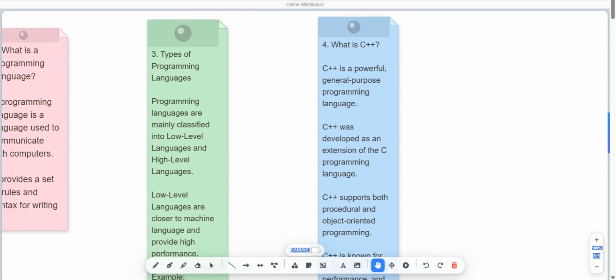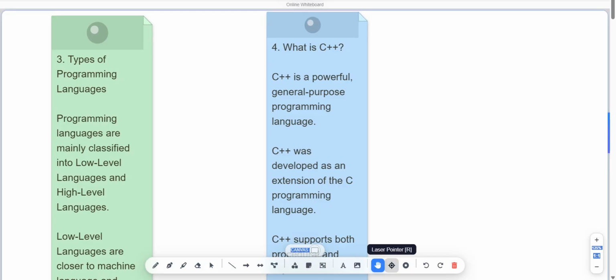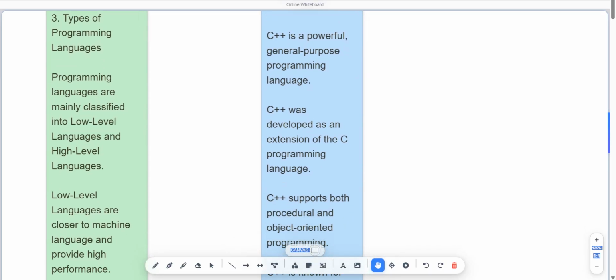Next, coming to what is CPP. This is actually important. CPP is a powerful general purpose programming language. It is more powerful when compared to C. Why it is powerful, we will see as we go further. CPP was developed as an extension of the C programming language.